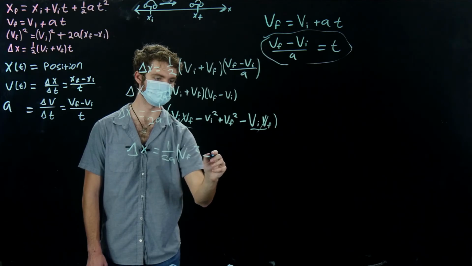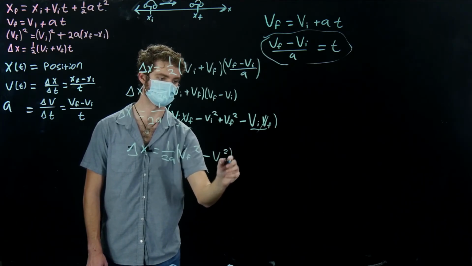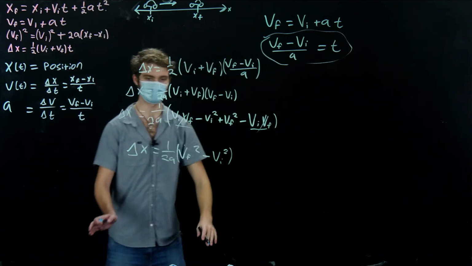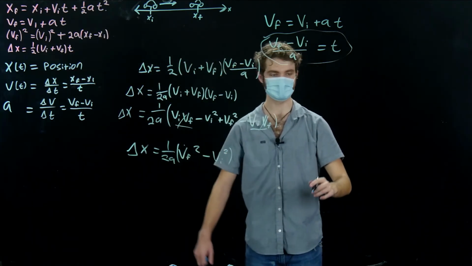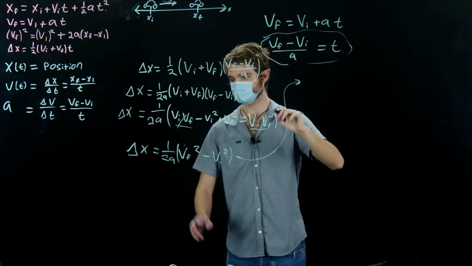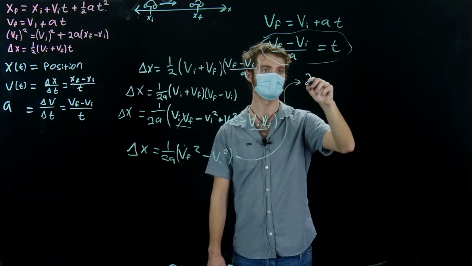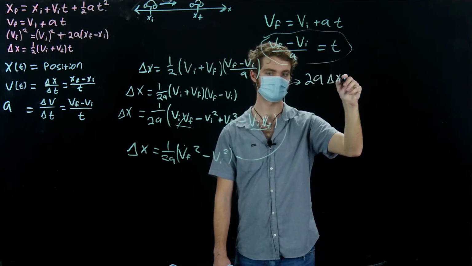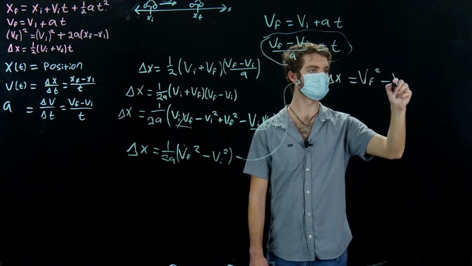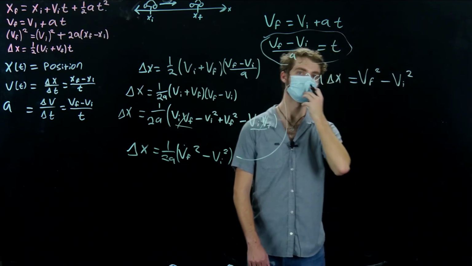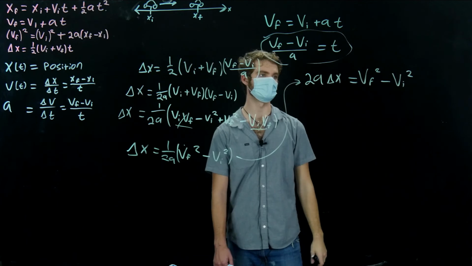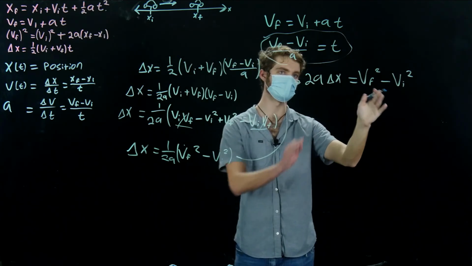minus v initial squared. And then, in order to make it look cleaner and like this, we multiply everything by 2a, and I'm just going to take our equation over here. Multiply the 2a over, so we have 2a delta x equals v final squared minus v initial squared. And then all we have to do is move over the v initial squared and switch the sides.